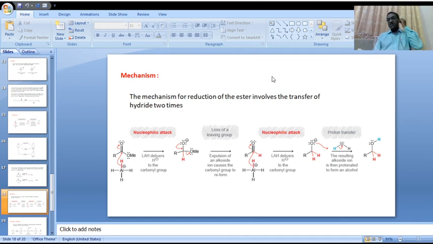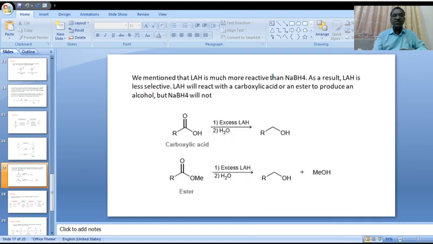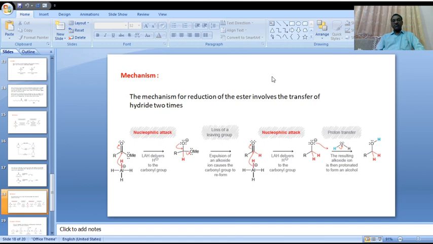This is the mechanism of that particular reaction with the use of the LAH reducing agent. Is it clear, all of you?